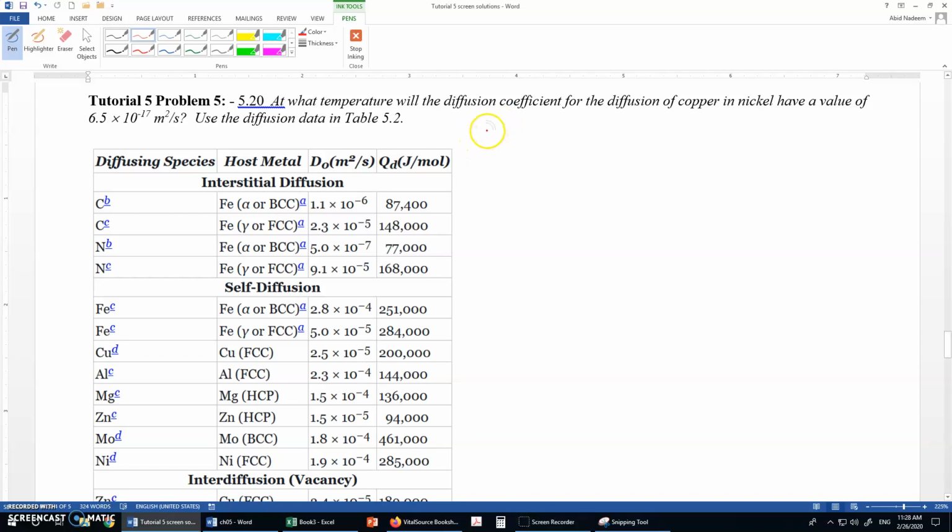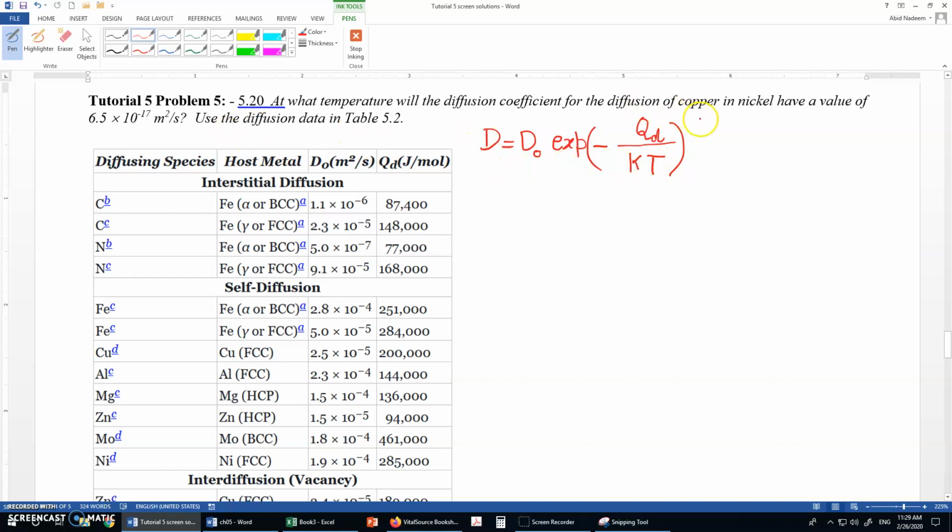For the diffusion coefficient, we know that the diffusion coefficient is equal to the diffusion pre-exponent multiplied by the exponent of minus activation energy QD over KT, where K is the gas constant and T is the temperature.